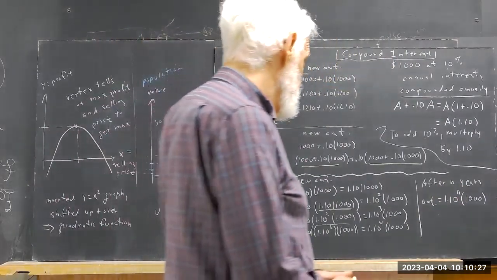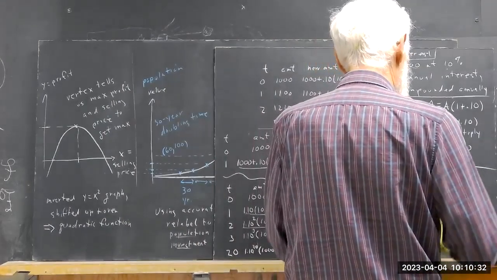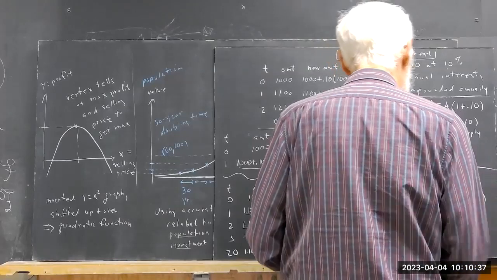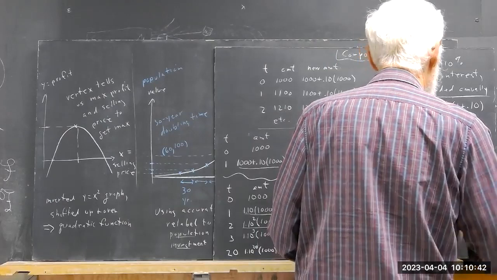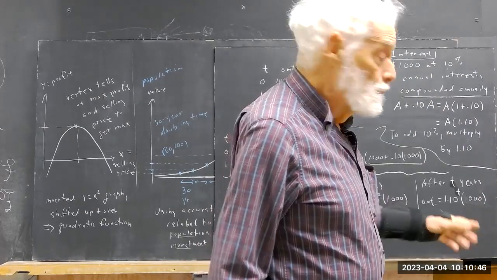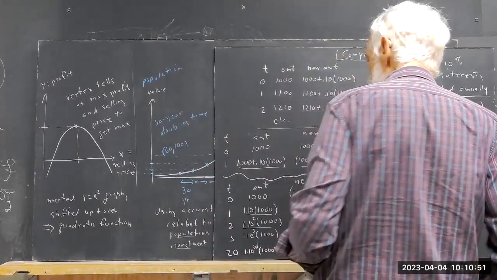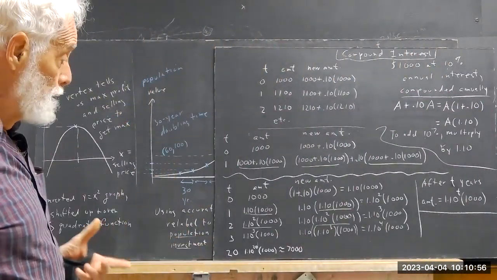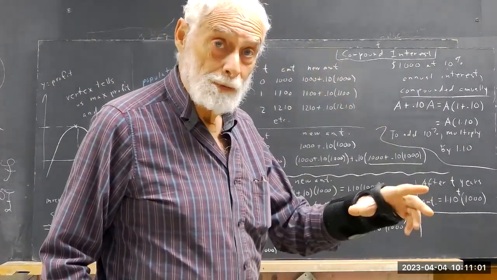And instead of n years, if T is your time in years, then this ought to be 1.10 to the T times 1,000. Now, really, n is a better symbol, because this only applies to whole numbers of years.